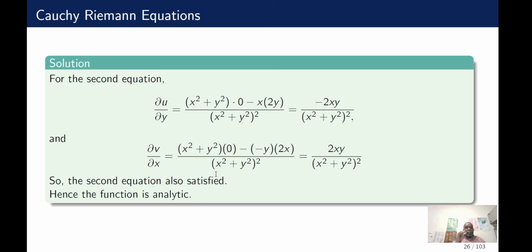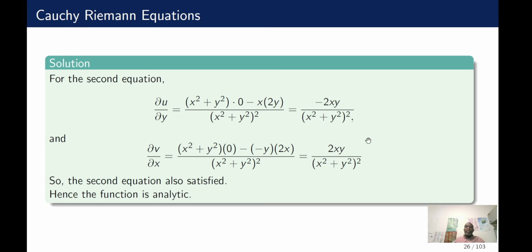So we now go for the second Cauchy-Riemann equation. We differentiate the real part of the function with respect to y, the imaginary variable. If you do that, it will be minus 2xy over x squared plus y squared, squared. Then you differentiate v, the imaginary part, with respect to x, the real variable.